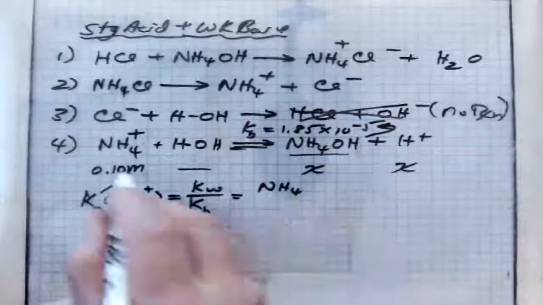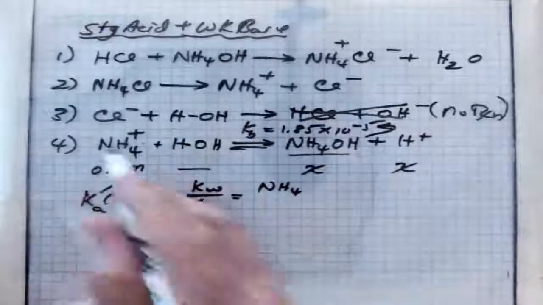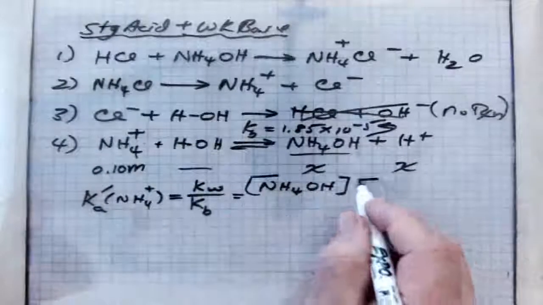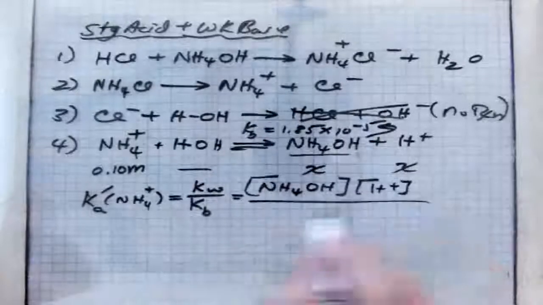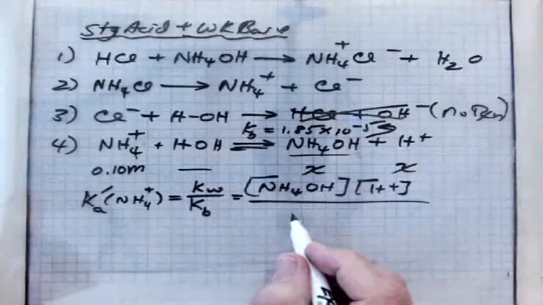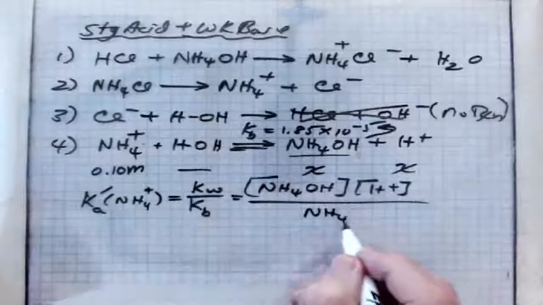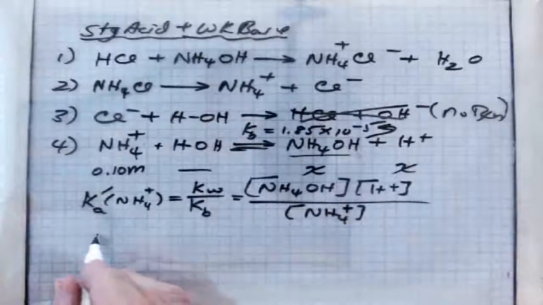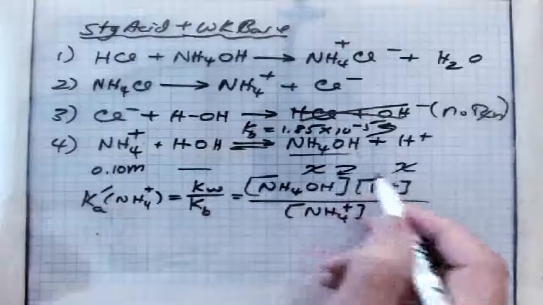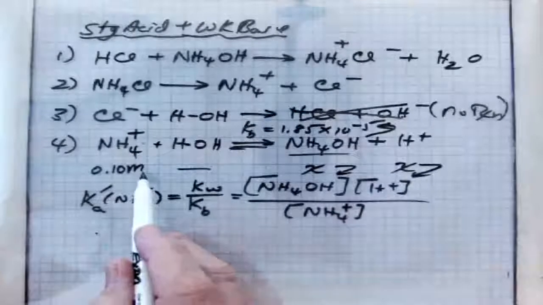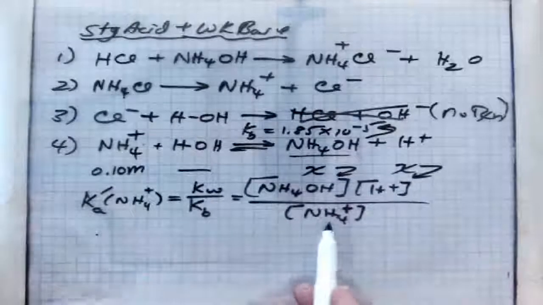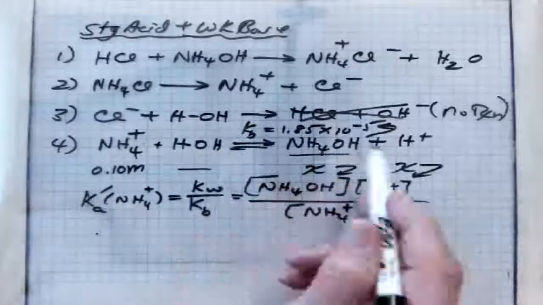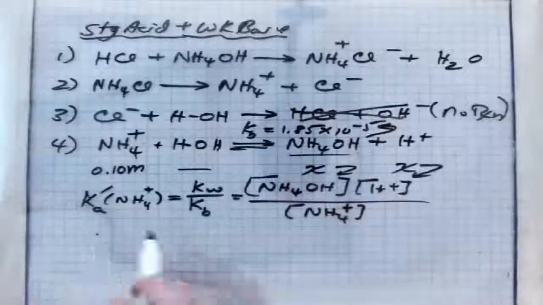is equal to the square root of 10 to the minus 14 times 10 to the minus 1 divided by 1.85 times 10 to the minus 5. And take the square root of that, and the hydronium ion concentration is 7.35 times 10 to the minus 6 molar.